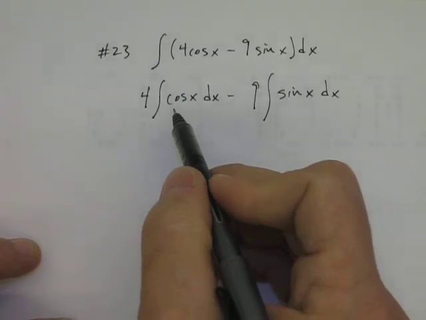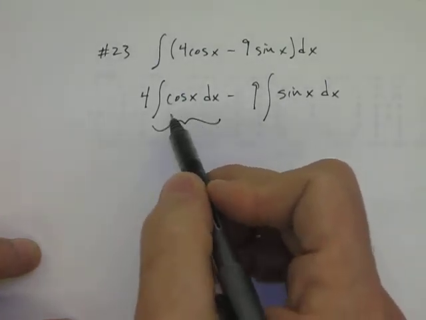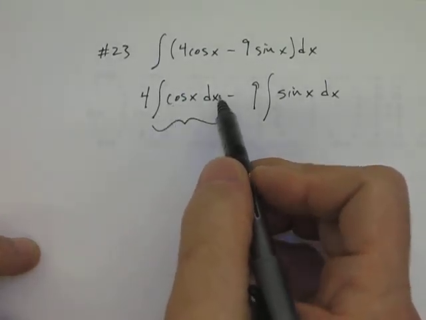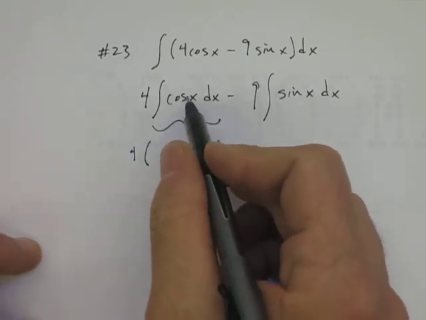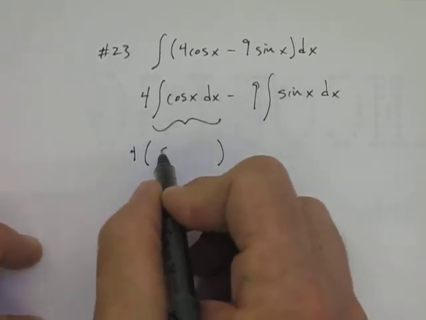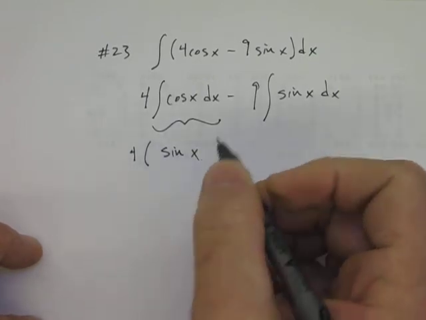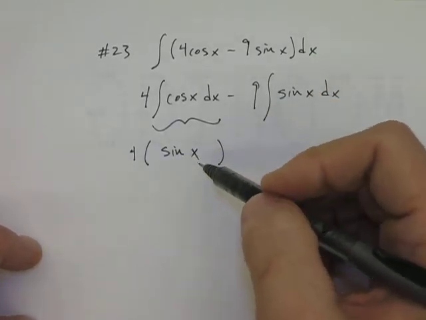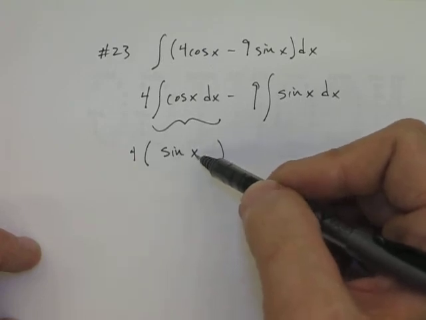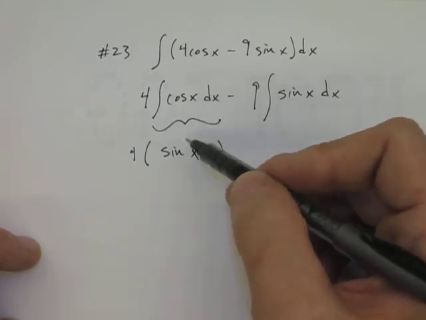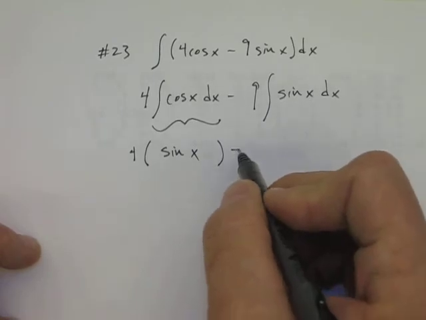Okay, and so now we can concentrate on the antiderivatives. The integral of cosine x dx: we have 4 as the constant, and the antiderivative of cosine x is sine x. You can check by thinking about what the derivative of sine x is. It's cosine x. So this is the correct antiderivative.